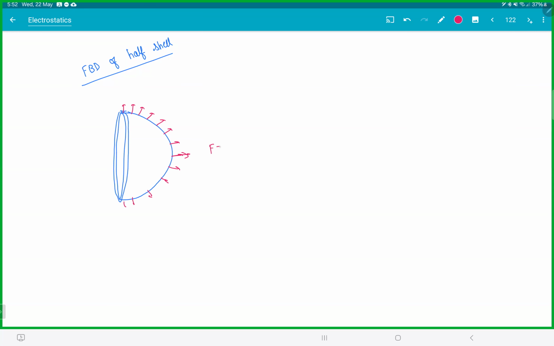So this force would be pressure into projected area. That's what I'm saying, Max doesn't know whether you're talking about field pressure or fluid pressure. Sigma square by 2 epsilon into pi r square. So all this will generate a tension on the circumference.